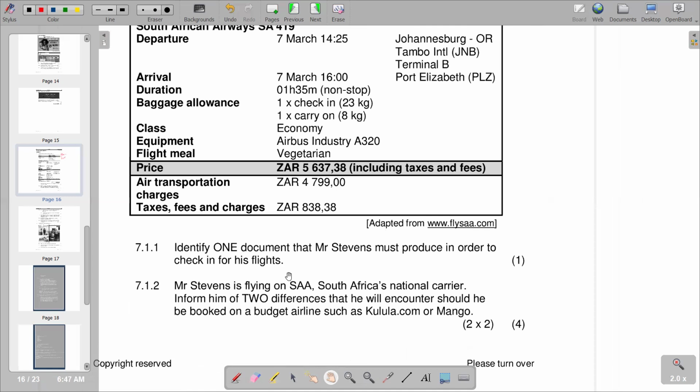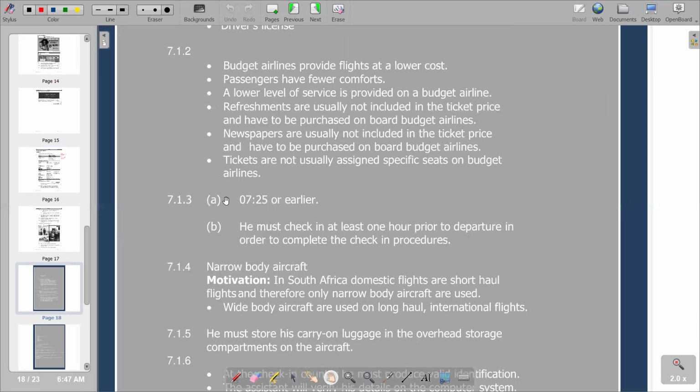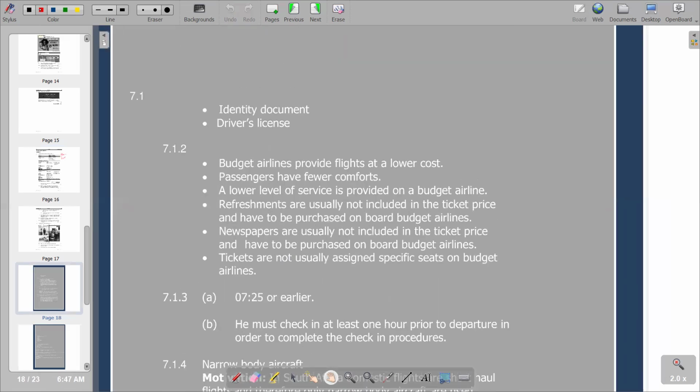Obviously, there is need for ID, which is the identity document, and also you can use a driver's license as a proof of identity. So these are the two documents that we have also indicated on our answer section. So we are saying identity documents and we could also say driver's license.